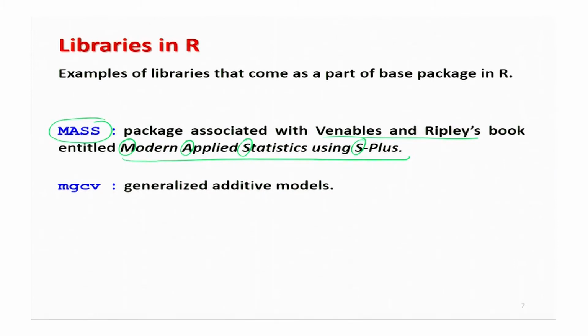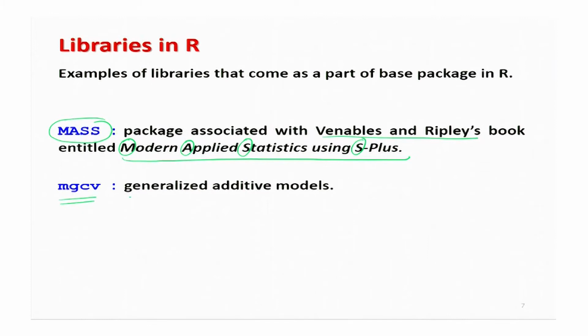So, all those data sets, commands, etc., available in that book have been compiled in this package MASS, right. Similarly, there is another built-in library, which is MGCV, all in small letters, lowercase alphabets.